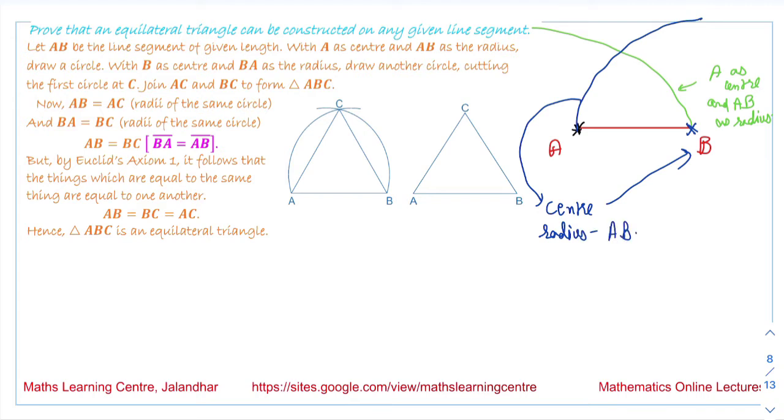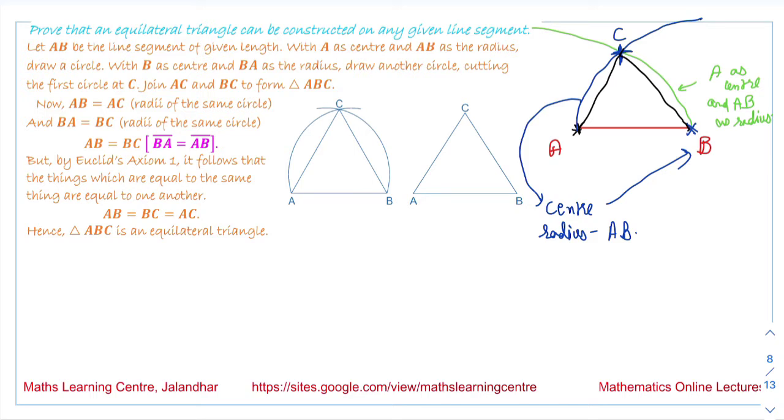Now the points where these circles intersect, suppose this point is the point C, and in the next step we join AC and we join BC. So we claim that this triangle ABC is an equilateral triangle.